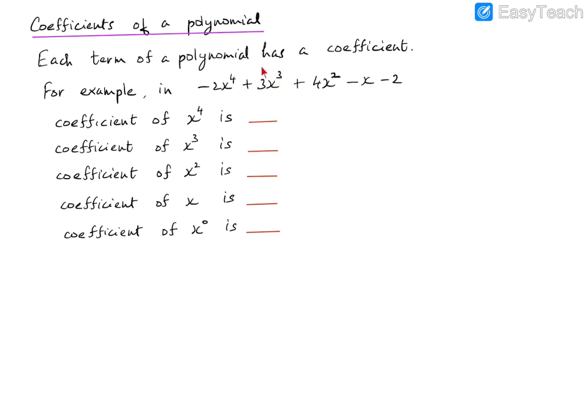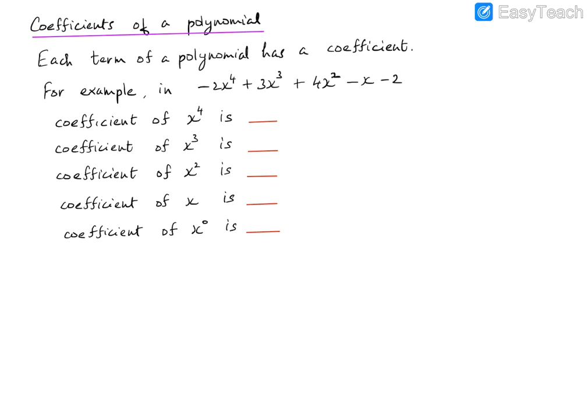If you look at this particular polynomial, we will write the coefficients of each of its terms. For the first term, which is minus 2x power 4, the constant that is multiplying x power 4 is minus 2. So the coefficient of x power 4 is minus 2, because minus 2 is the constant that is getting multiplied with x power 4.